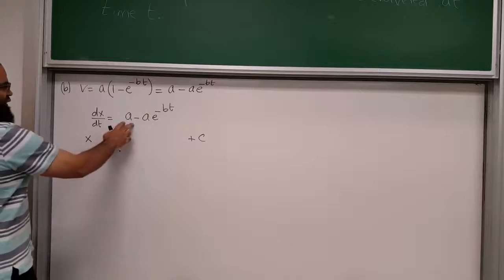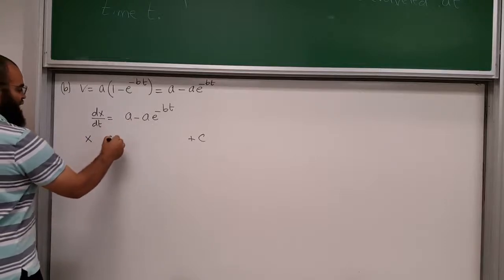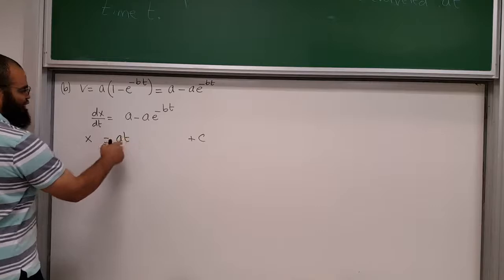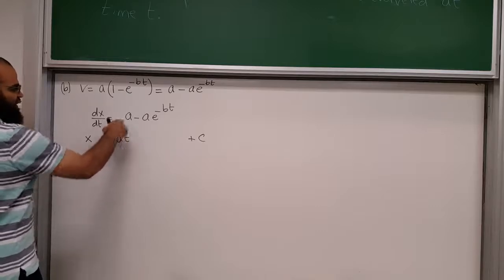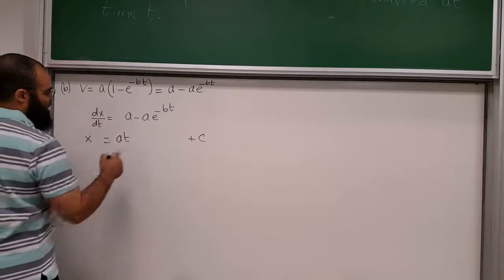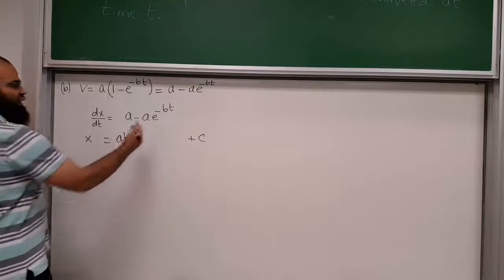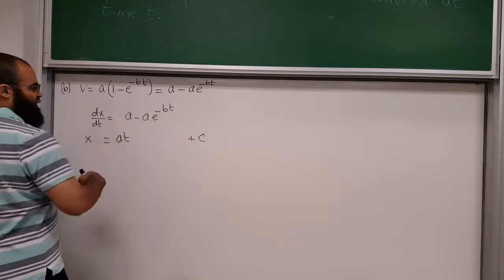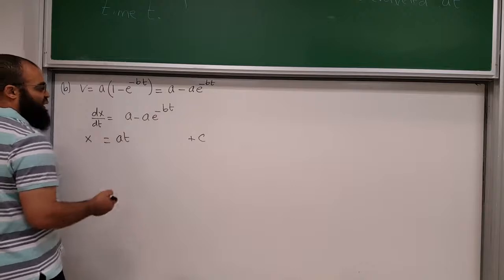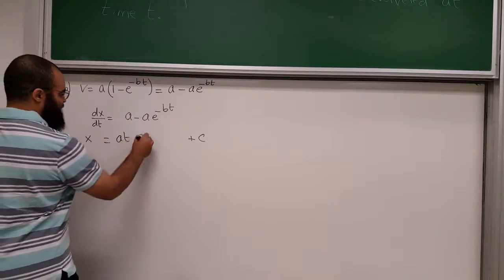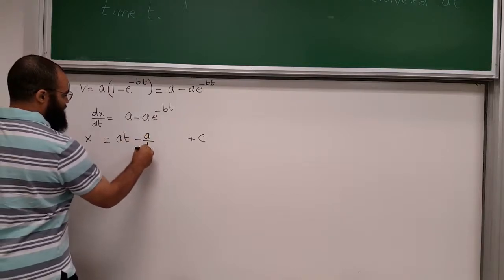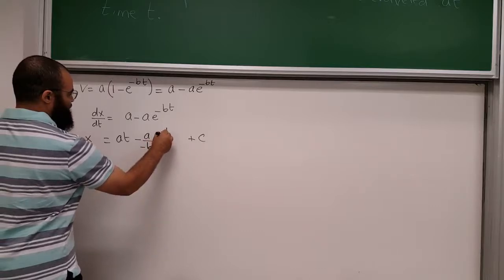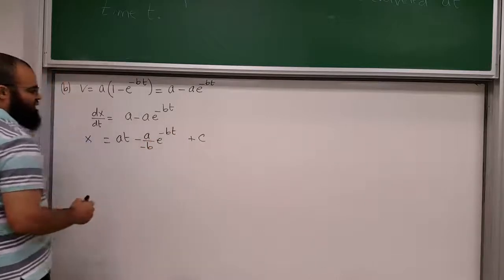The integral of a with respect to t is at. Because when you take the derivative, the t goes away and you just have the a back. And then what's the integral of this? Remember, when you take the derivative, a minus b comes down. So when you integrate, you have to divide by a minus b. So it would be minus a over minus b e to the minus b times t.